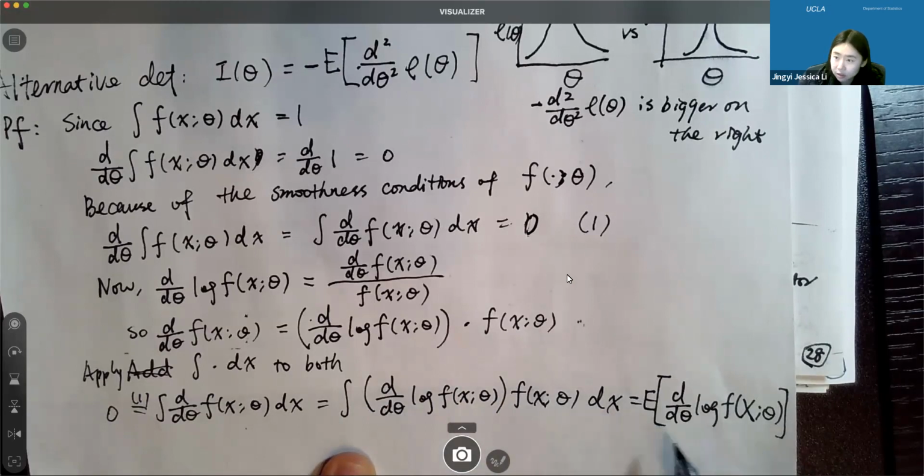Here we change small x to big X, because big X is the random variable. Small x is just a value that big X may take. Do you see this connection to the expectation? That's the definition.